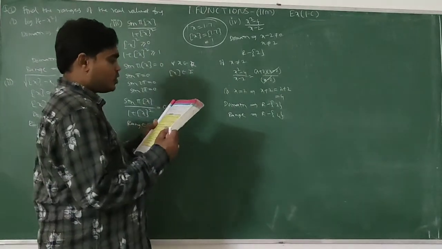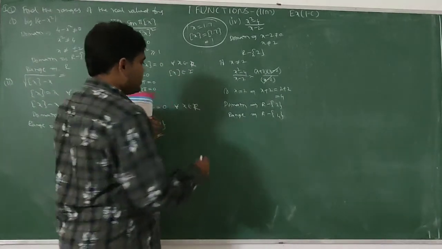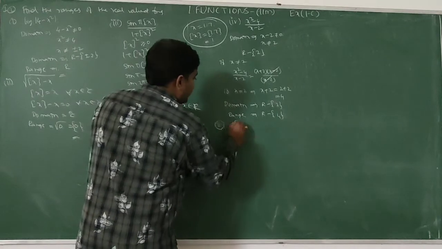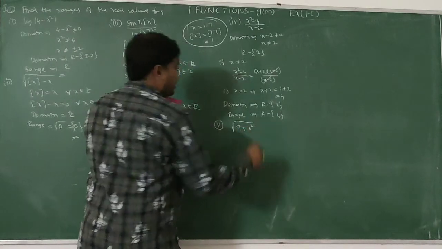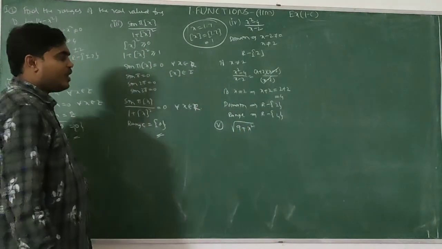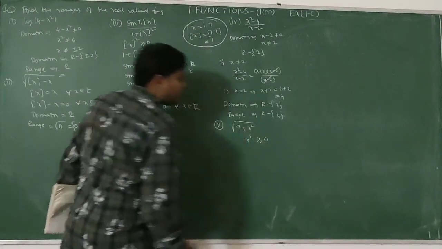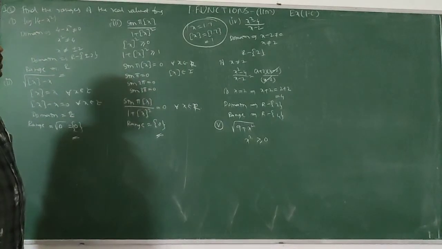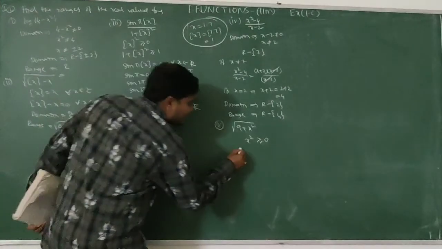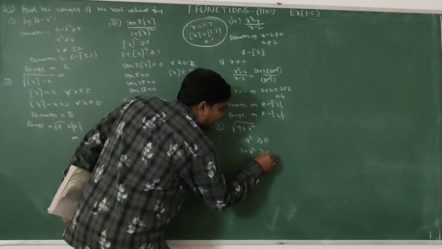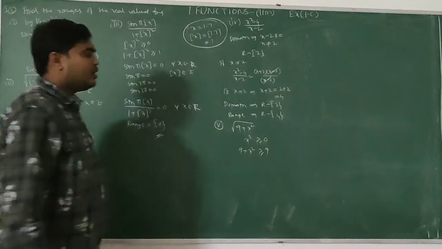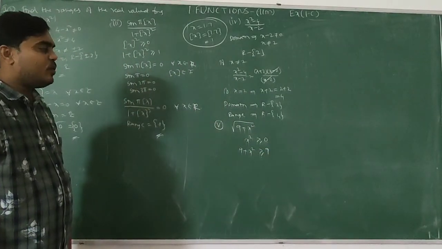Next, fifth question. Square root of 9 plus x square. So we knew that x square is always greater than or equal to 0. 9 plus x square is greater than or equal to 9.